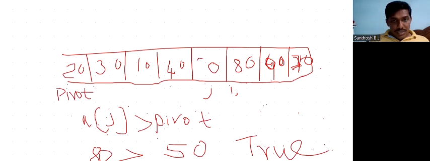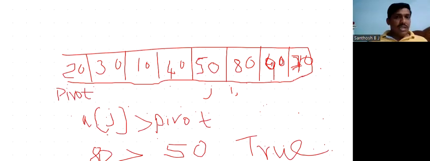This is another condition: when J crosses I, you automatically swap the pivot value, A of low, with the J value. The original value 20 at A of J moves to the pivot position, and the pivot value is copied to the J position.